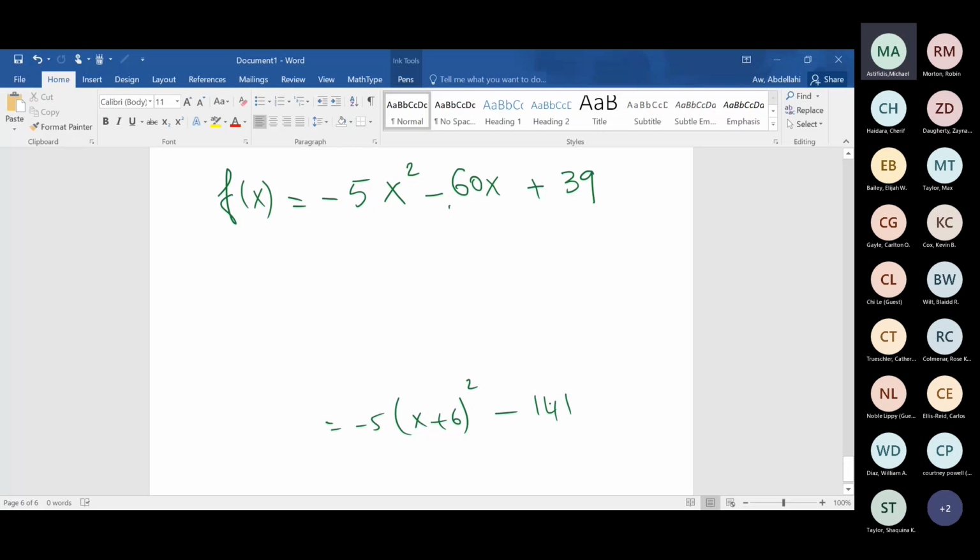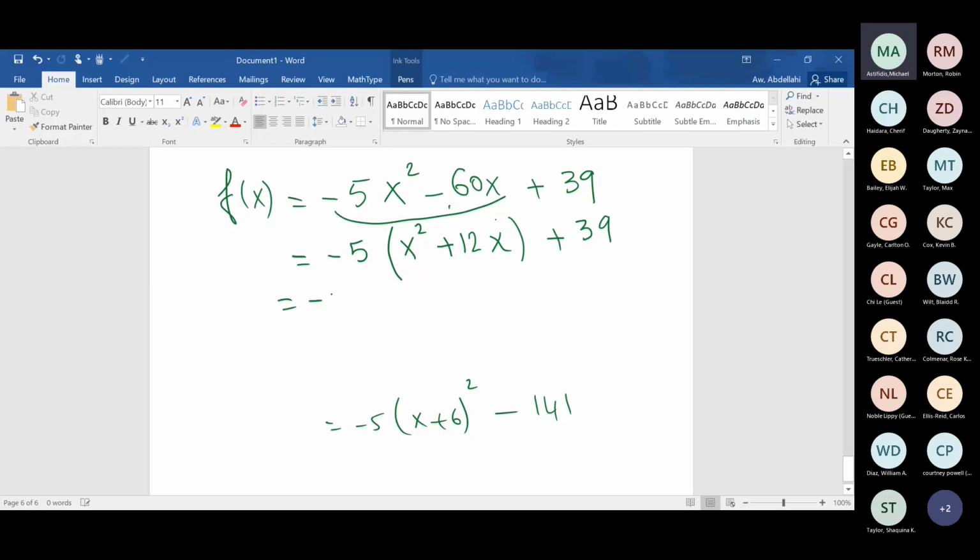All right, so first, for the -5, these two right here, what do you do? We factor out -5, right? Now we have to watch out for the signs. It's going to be x squared plus 12x plus 39, right?